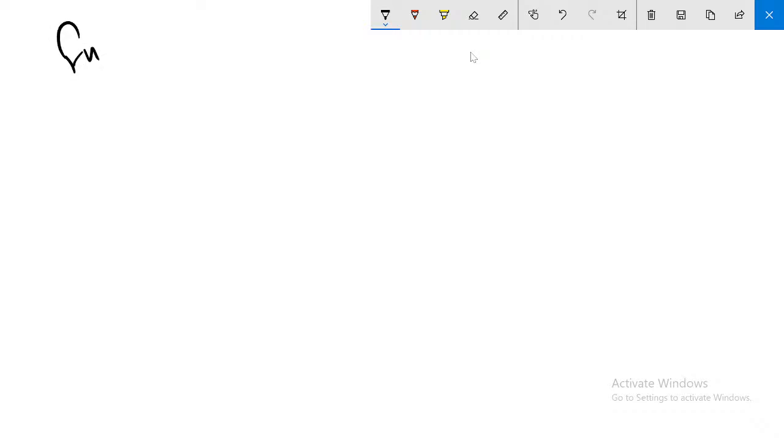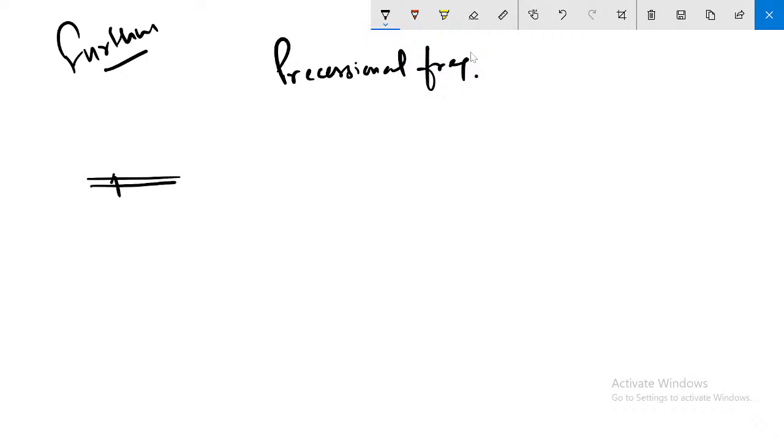Further, after this basic talk, we will talk about the precessional frequency. See, when we had these two states without any application of magnetic field, and after the application of magnetic field, we see that the energy gap is there between the two states.